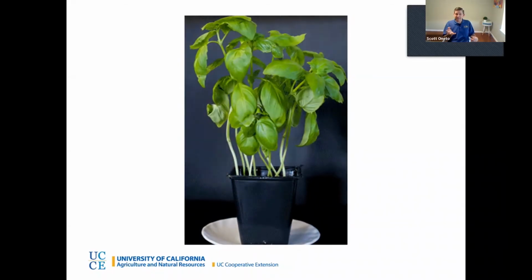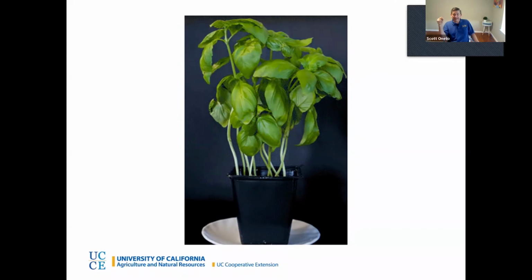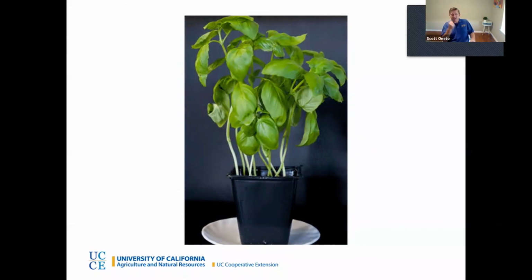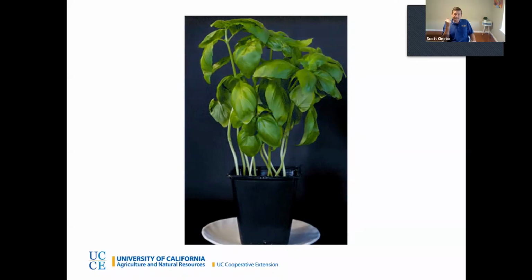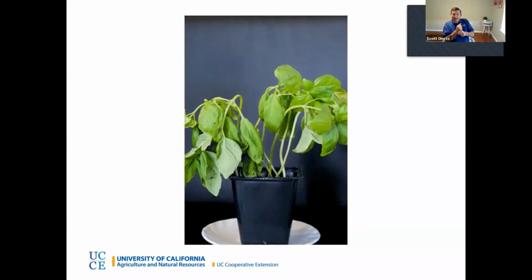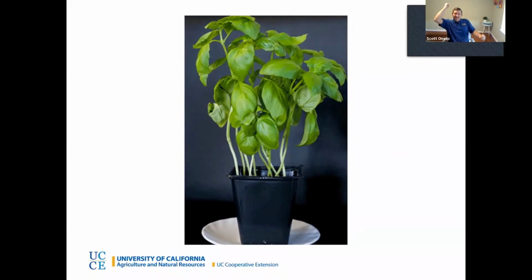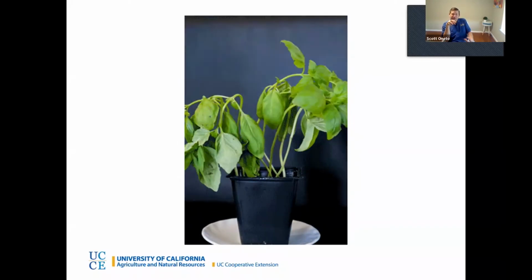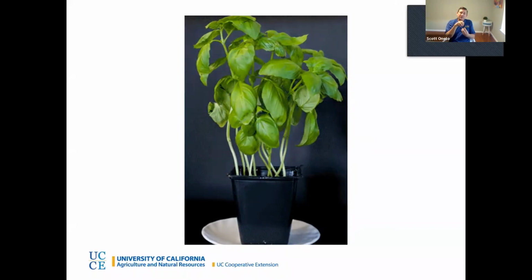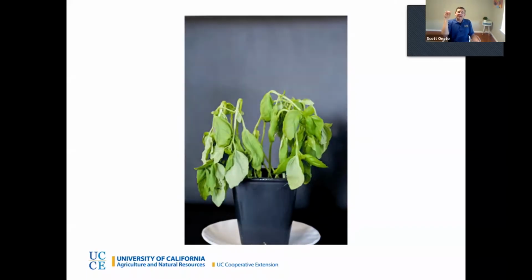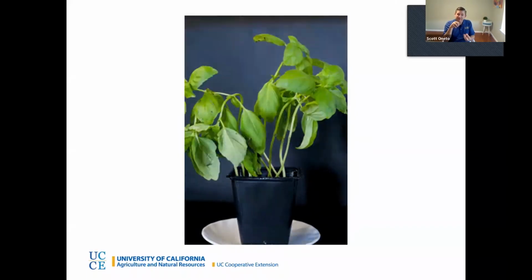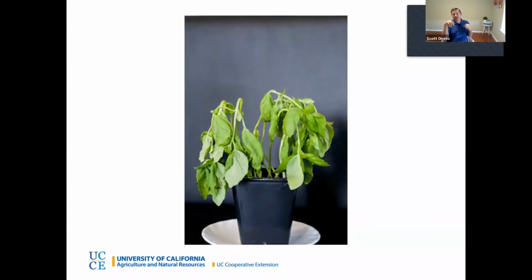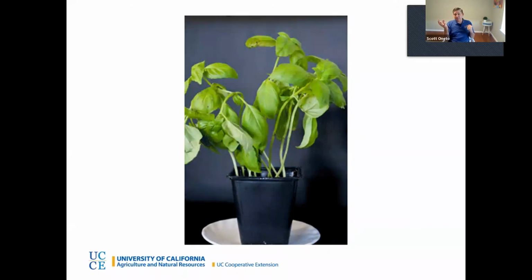So again, this water potential gradient. As we're pulling the water up these tubes, if that tension becomes too great, you can imagine what will happen: pop, they snap. Those water molecules are under so much tension that they eventually just snap. If too many of them snap, that is when a plant reaches its wilting point.